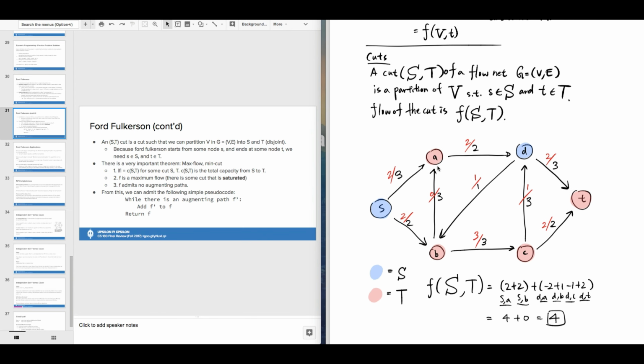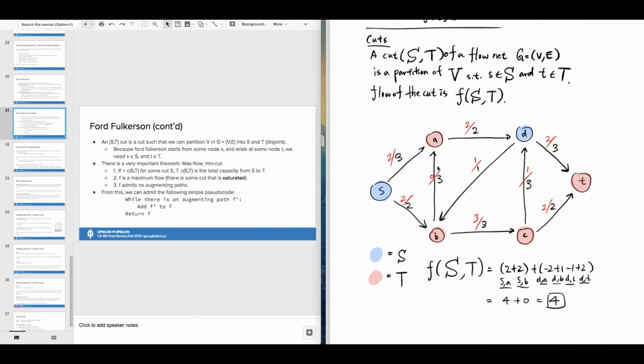And the third argument is the ST cut. The ST cut of a flow net is a partition of V. V is the set of all vertices inside of our graph. V contains two disjoint sets, S and T. S, denoted by this capital S here, is all of the nodes from the starting set.